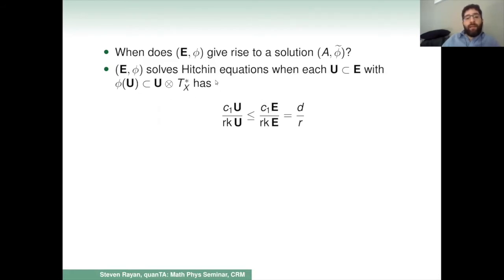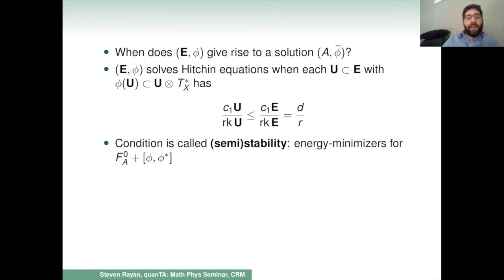And if they satisfy this inequality, that the first Chern class of the subbundle over the rank of the subbundle is less than or equal to the first Chern class of E over its rank, which, remember, is D over R, if we always have this, well, then we call E phi semi-stable. And this is exactly a solution, or admits a solution, if you like, of the Hitchin equations.